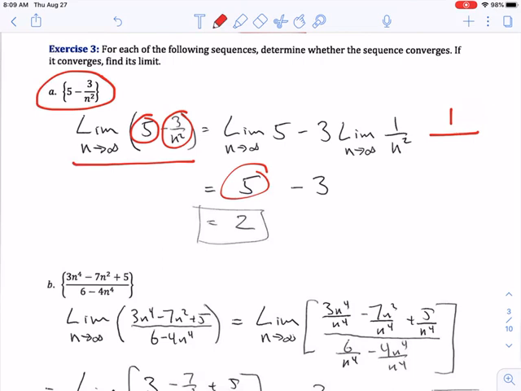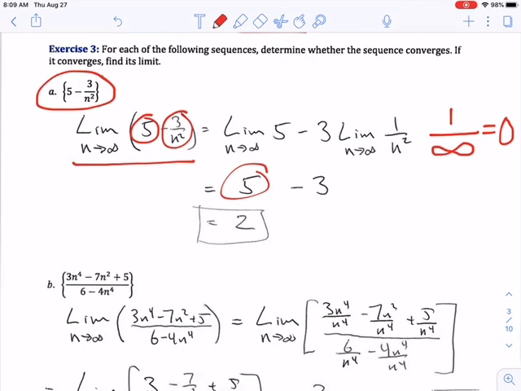As n gets infinitely large, the denominator is getting infinitely large. And if the denominator is getting infinitely large and the numerator is staying the same, this whole quantity approaches 0. That's an important thing to be able to understand and remember, that we'll be using a lot in this chapter.